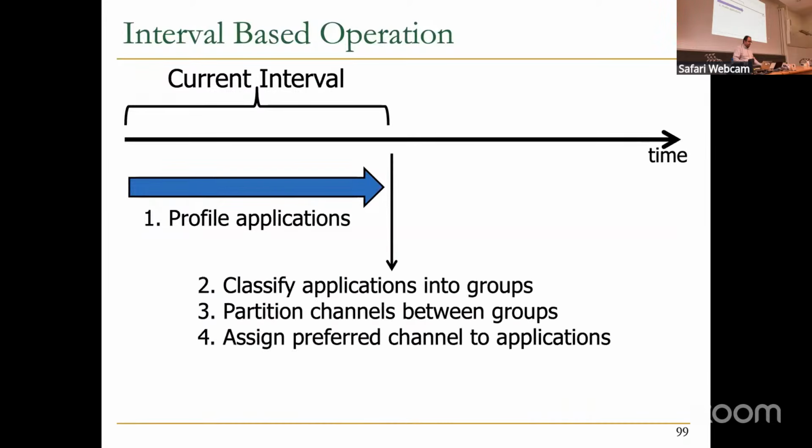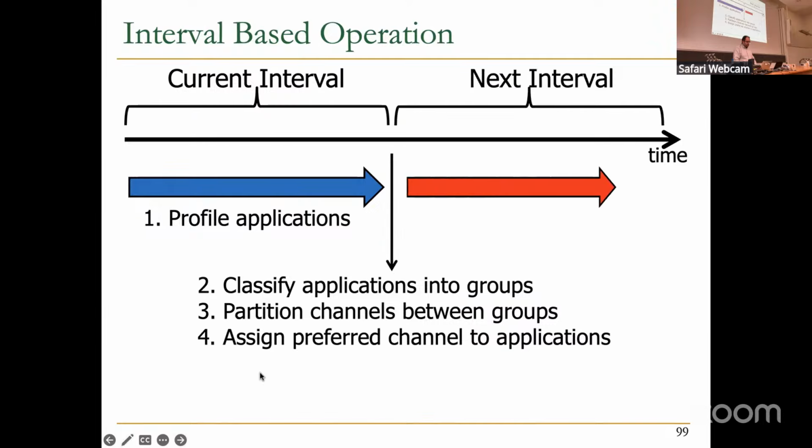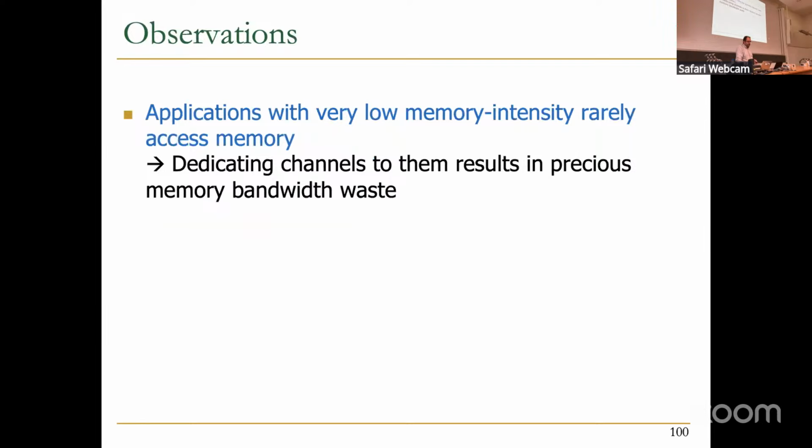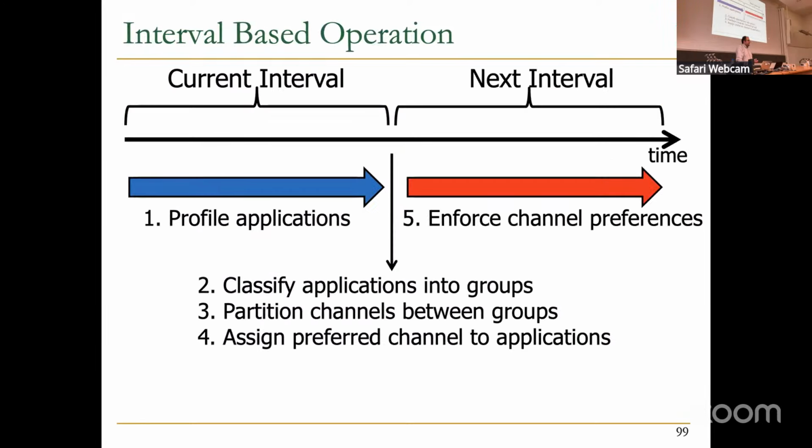In the current interval, we profile applications in hardware, and then we do the classification, partitioning, and assigning. For the next interval, we just enforce channel preferences. These intervals should be long enough because moving from one channel to another is very expensive, right? So you cannot make these intervals short and keep changing the channels.